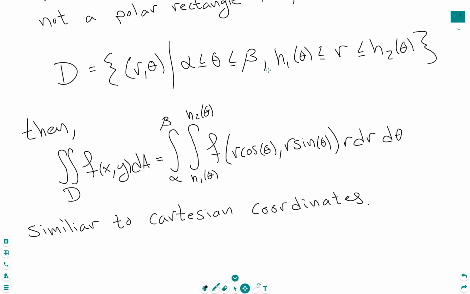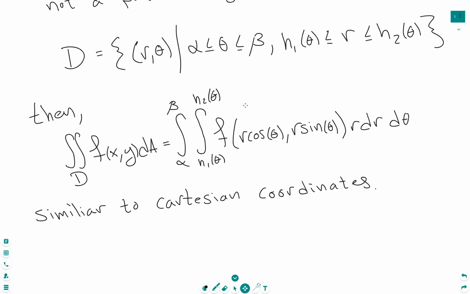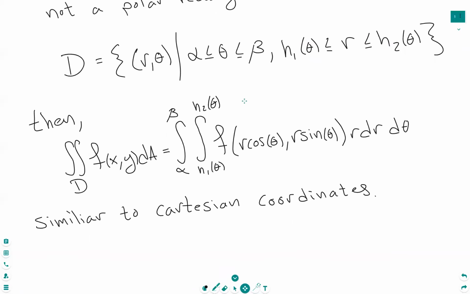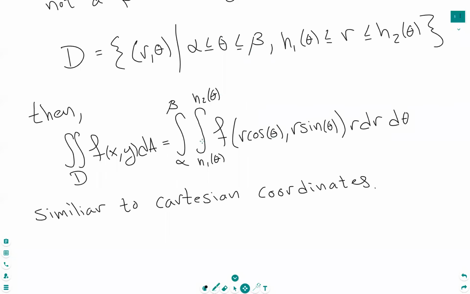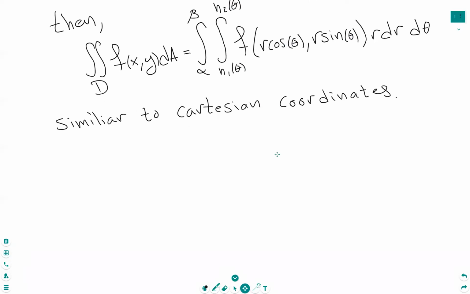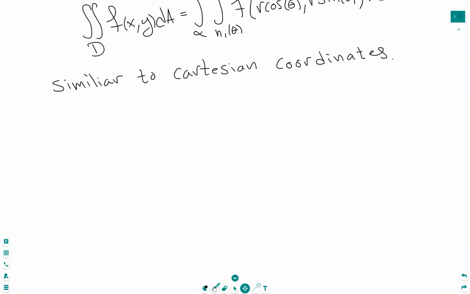Now, it is true that you could do this the other way. You could have perhaps maybe a region that's best described by where r is a constant, but theta is a function of r. Doesn't come up that often, but it's definitely something to keep in mind. But most of the time, I think you'll see it in this kind of way, where r is now bounded by functions of theta. But keep in mind, you could do it the other way for certain regions.